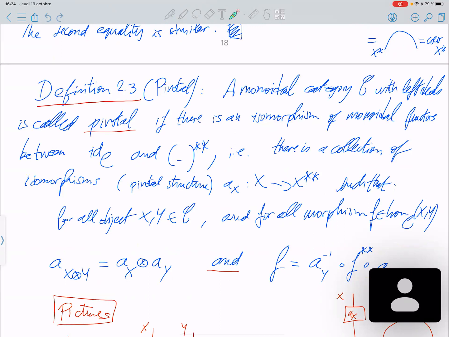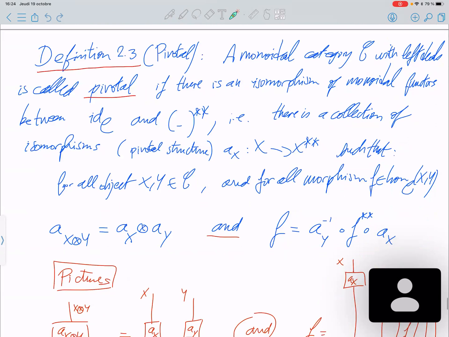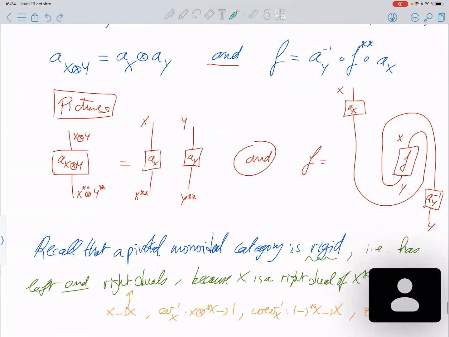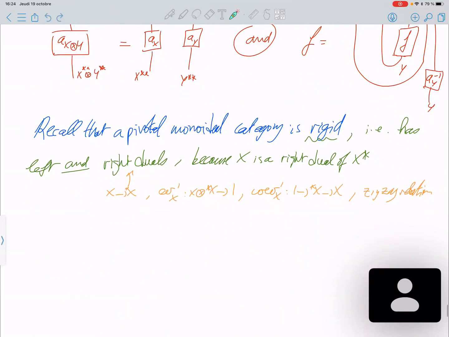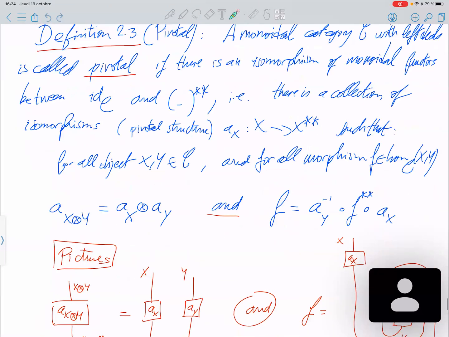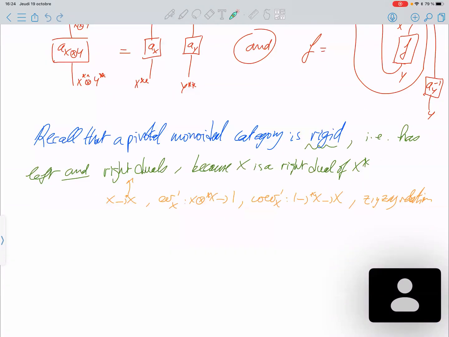Yeah. So there is this isomorphism. I have a little doubt here. Let me check. Anyway, it's not the point of this course. But I have a small doubt.